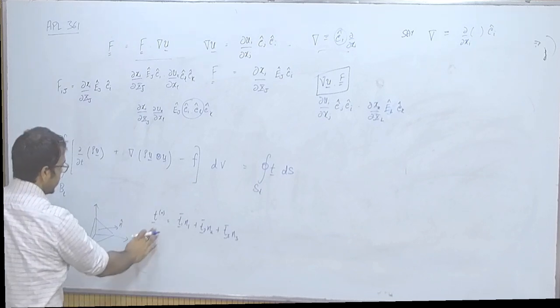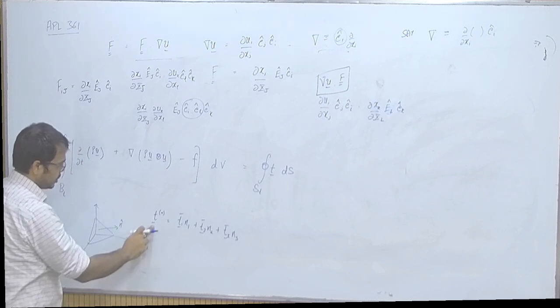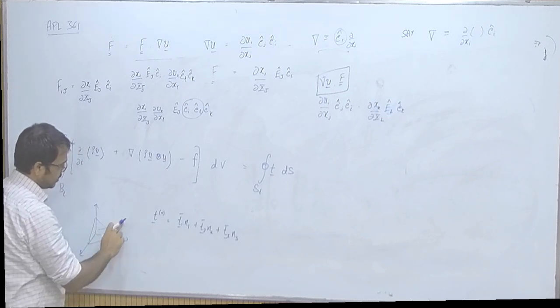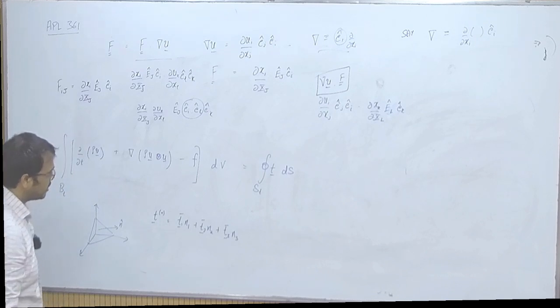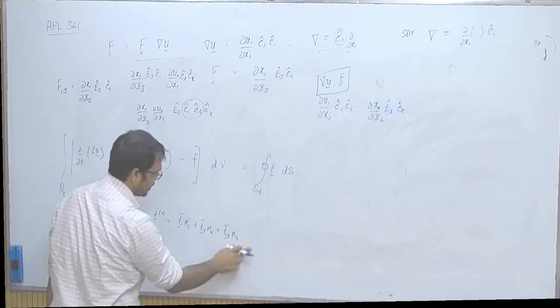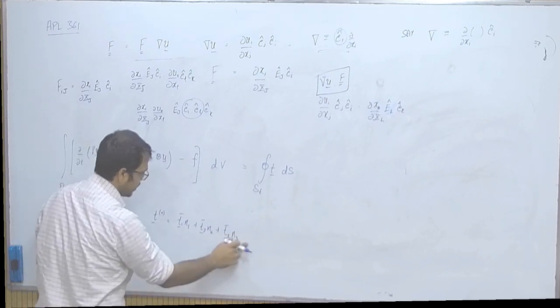So, this is our Tn vector. We had shown that the traction vector on an arbitrarily oriented surface looks something like this. Now, I had written this.